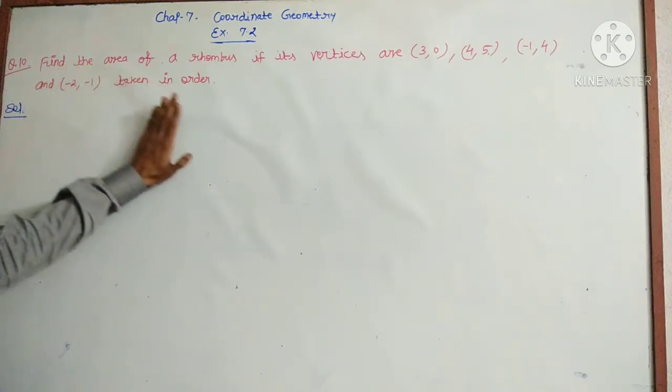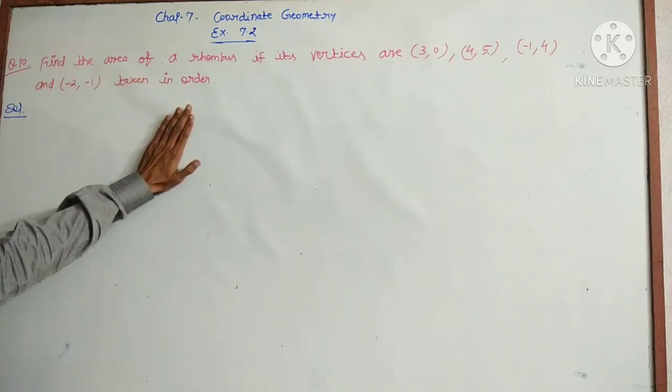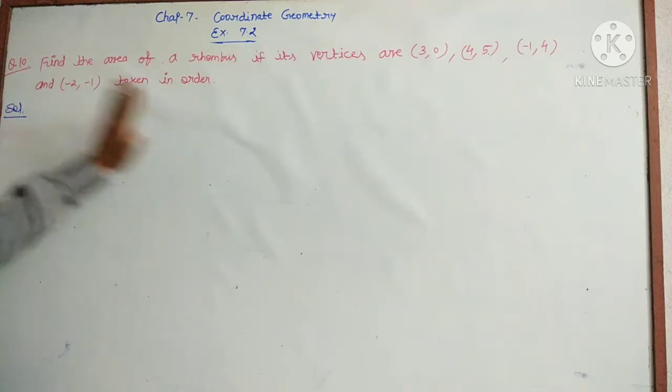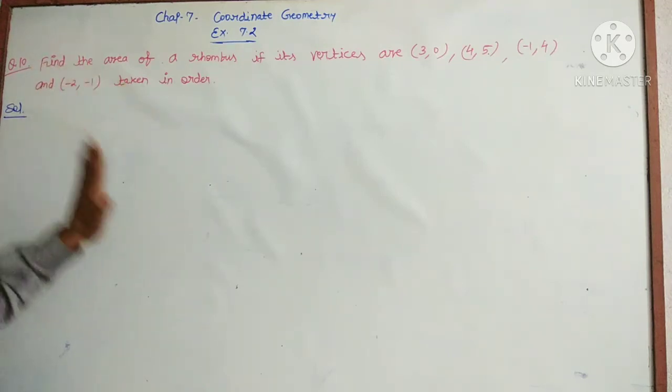Find the area of a rhombus if its vertices are (3, 0), (4, 5), (minus 1, 4) and (minus 2, minus 1) taken in order. We have to find the area of the rhombus.